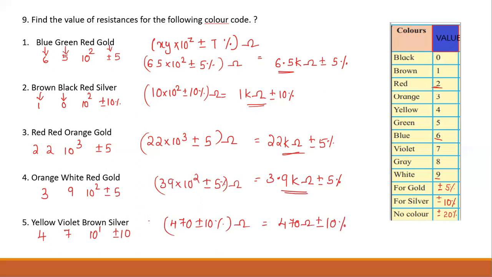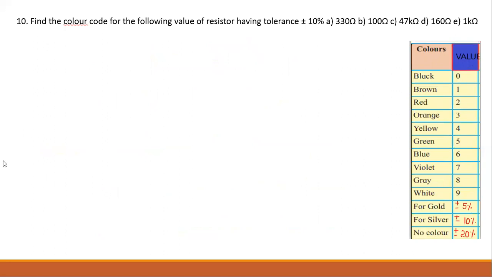Let us solve the next question. Now next, we have to find out the color code for the following values of resistor, each having tolerance plus or minus 10. First one is here, value is given, we have to find out the color. 330 ohm.